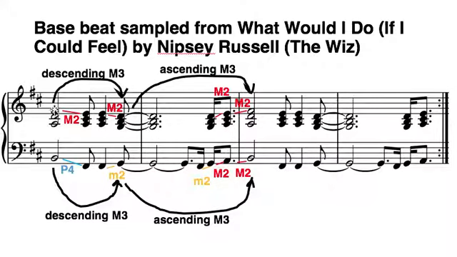What we have between F sharp and D is a descending major third. What we have between the downbeat of this bar and the syncopated downbeat of the second bar, which actually happens on the last half of the upbeat of the previous bar, B to G, scale degree 1 to scale degree 6, is also a descending major third.